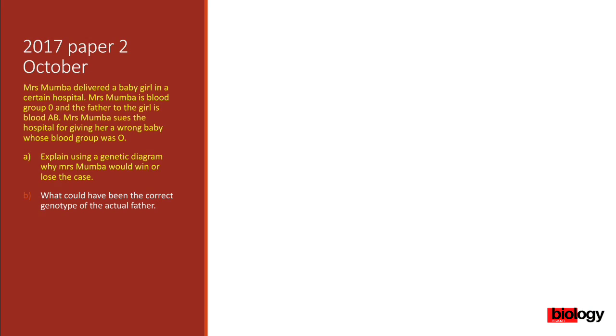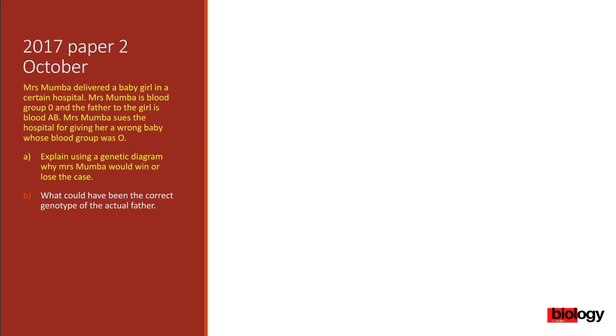So when you look at the question, they are saying that there was this woman who delivered a baby girl. This baby girl was blood group O. That was the blood group for this baby girl. And the mother to this baby girl was also blood group O. But the father to this baby girl was blood group AB. Now, Mrs. Mumba is an educated woman.